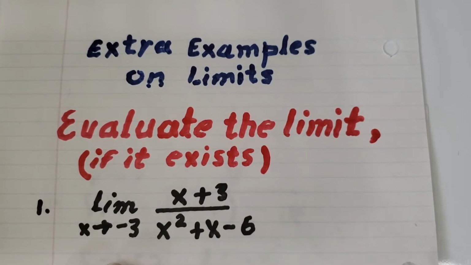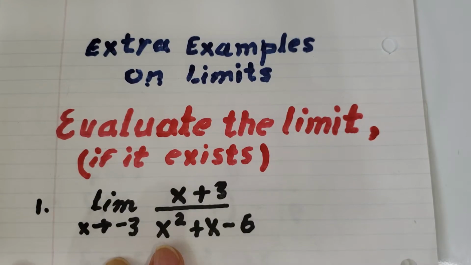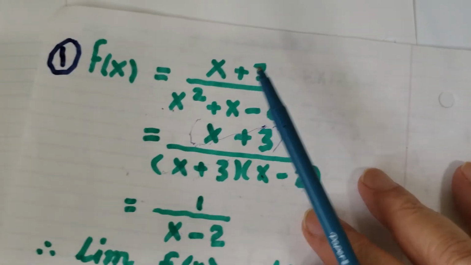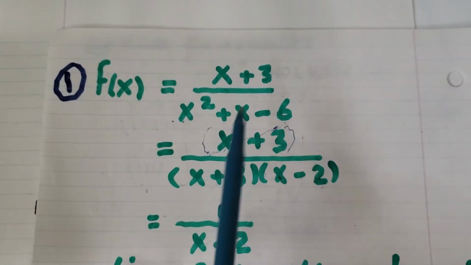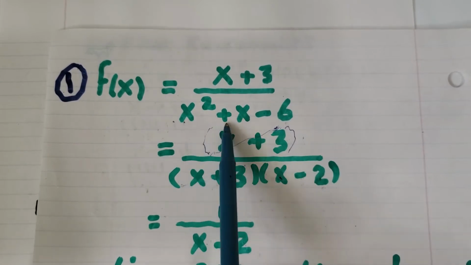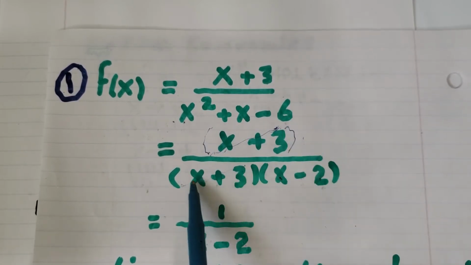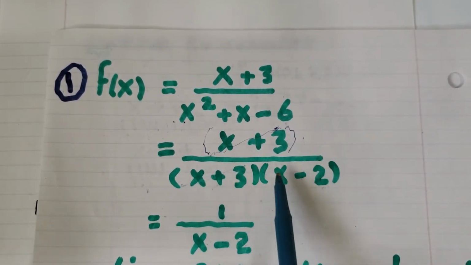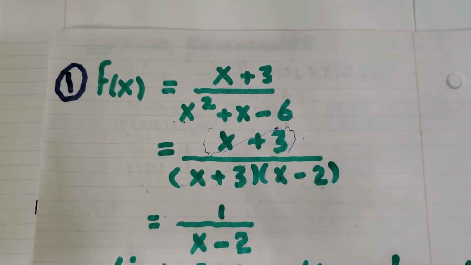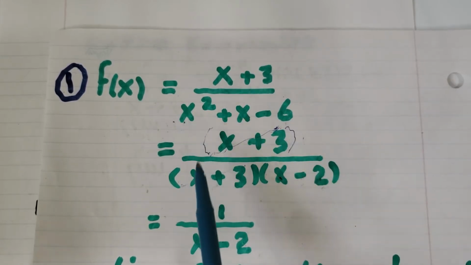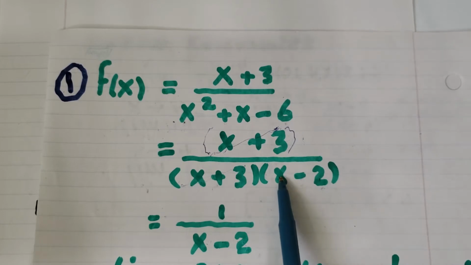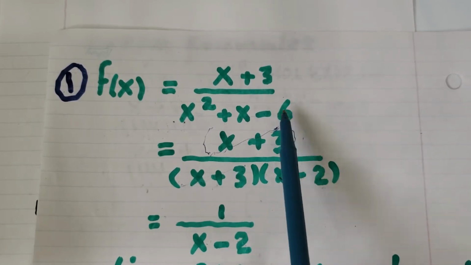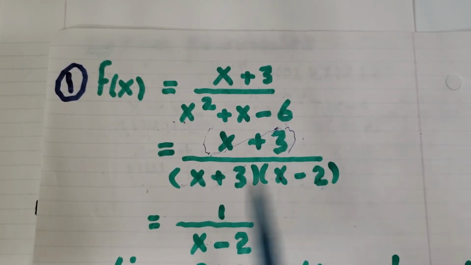Here we can see in the solution, x squared plus x minus 6 can be factorized as (x + 3) times (x minus 2), because x squared will be written as x and x, and 6 can be factorized into 3 and 2.